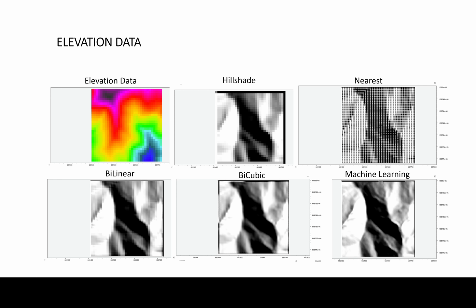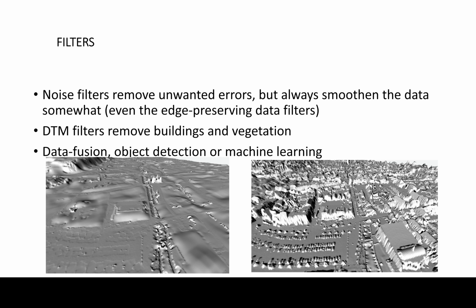It makes generally a big difference how you deal with elevation data itself, whether you do a certain type of interpolation or pre-processing to try and squeeze the most detail that you can out of the data itself. We see that noise filtering can help there. Noise filters remove unwanted errors in the elevation data, but they do always tend to smoothen the data and remove some of the detail that is there.